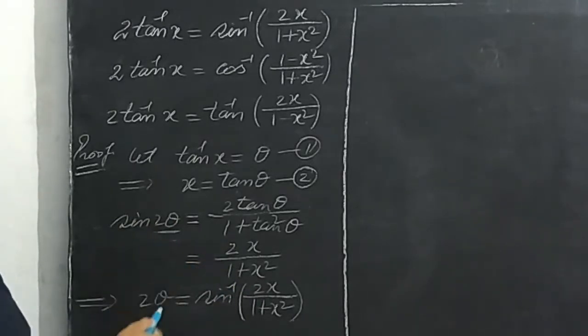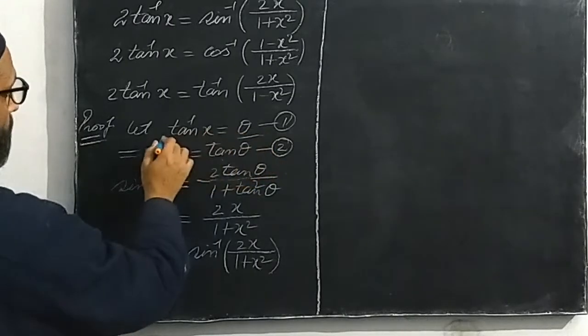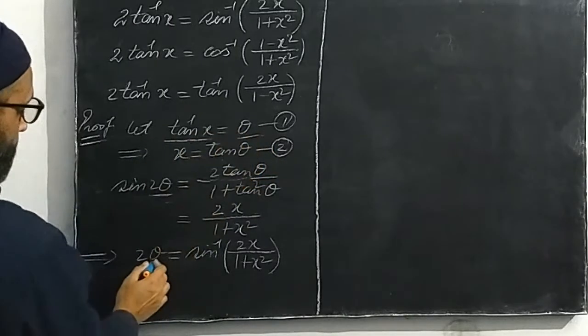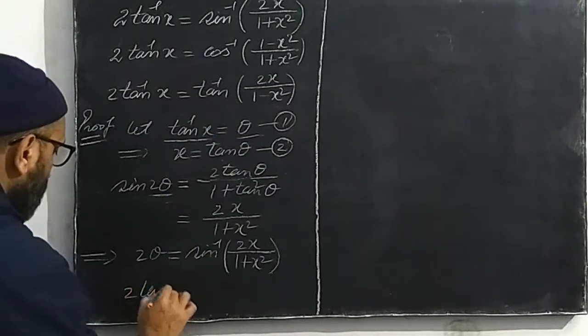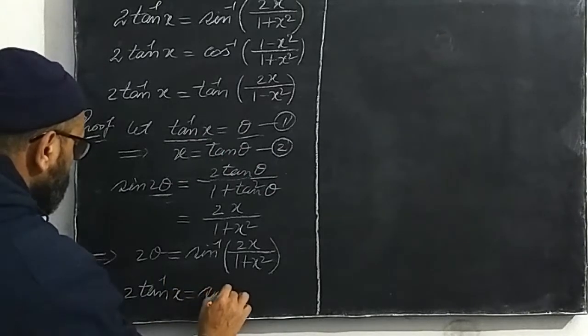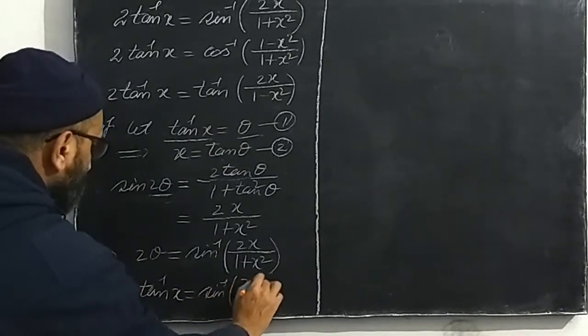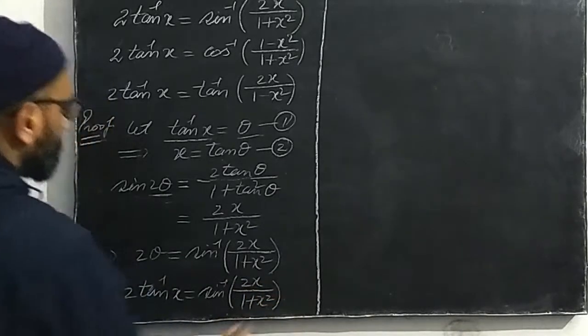So here angle 2 theta is left and sine becomes sine inverse on the right hand side. From equation number 1, theta is equal to tan inverse x, so we may replace theta by tan inverse x, so we get 2 tan inverse x is equal to sine inverse 2x upon 1 plus x square.